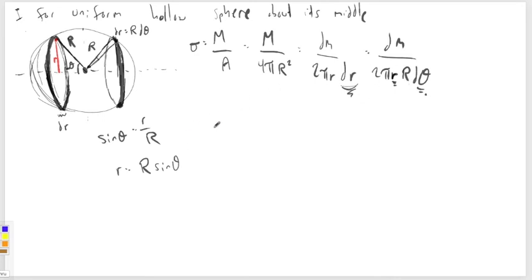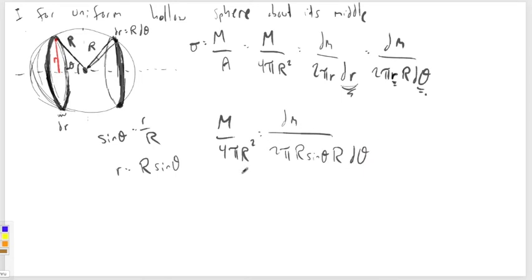So finally I'm going to get that big M over 4 pi big R squared, which is sigma, is equal to dm over 2 pi, little r is now big R sine theta, I have another big R d theta.